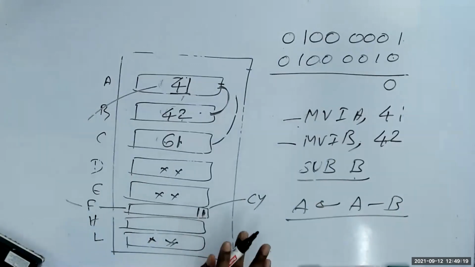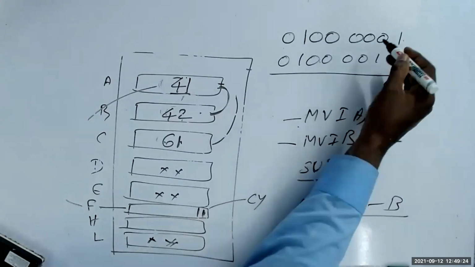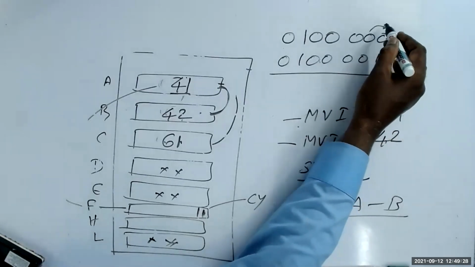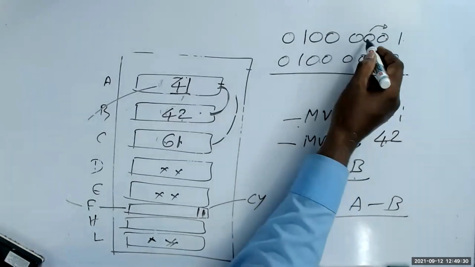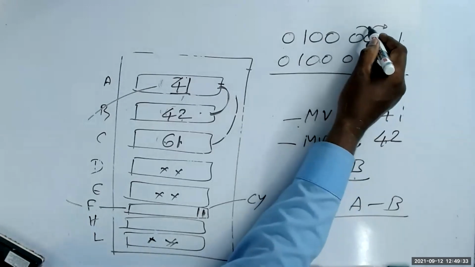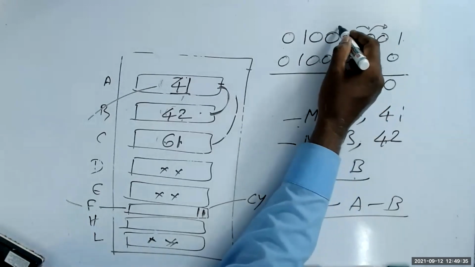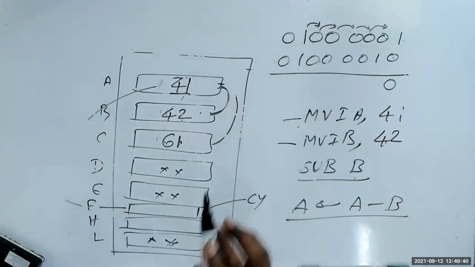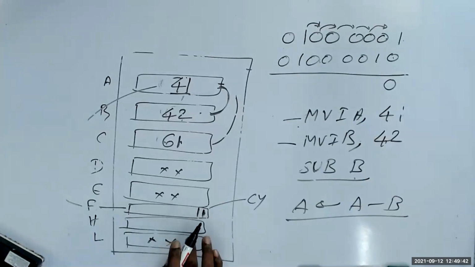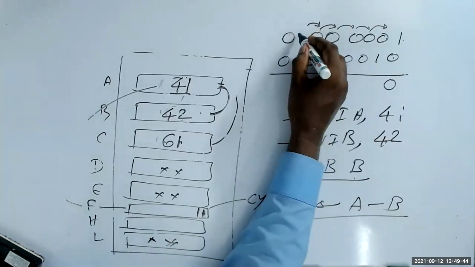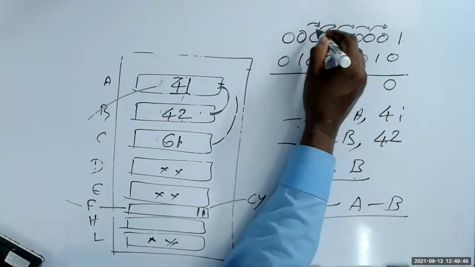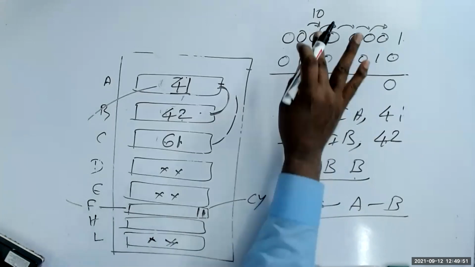Understand? Now the problem is 0 minus 1. So 0 is small, so I borrow 1. But this guy himself is 0, so he borrows from here. This guy is 0, so he borrows from here. Understand? Now this guy becomes 0. He borrowed, so this guy becomes 10, this borrow is done now.